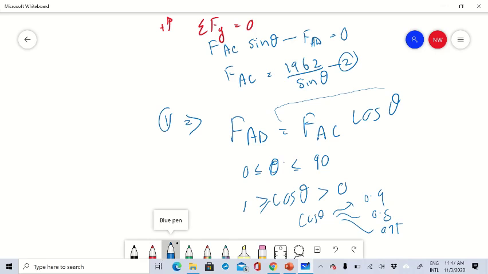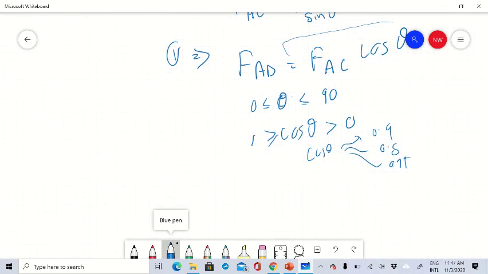So what can you say about the FAB and FAC forces? If it is 0.9, FAB is equal to 0.9 times FAC, which means FAC is larger than FAB. If it is 0.8, FAB is equal to 0.8 times FAC.